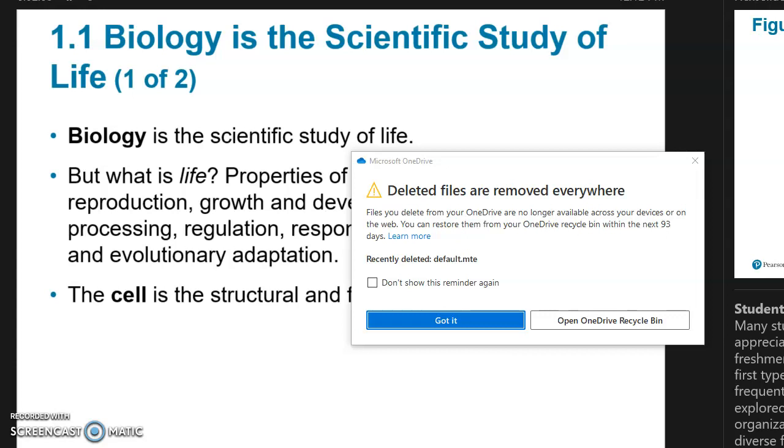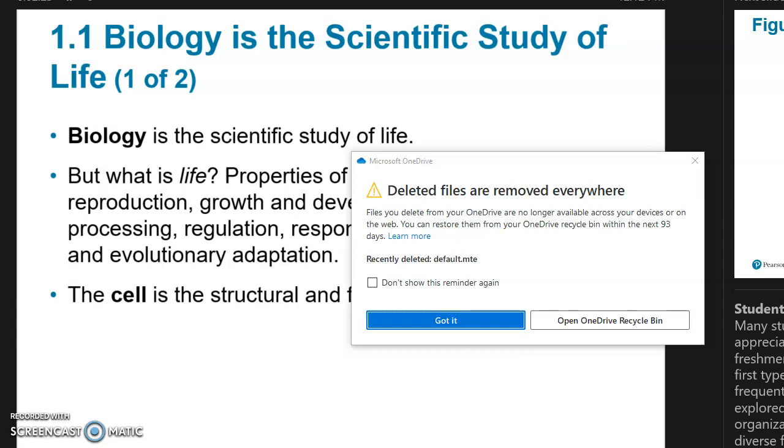Okay, so here is our list from your book. Different textbooks handle it differently, but this is how your book breaks it down. Order, so living things have some type of internal and external organization. Every living thing is made up of at least one cell.